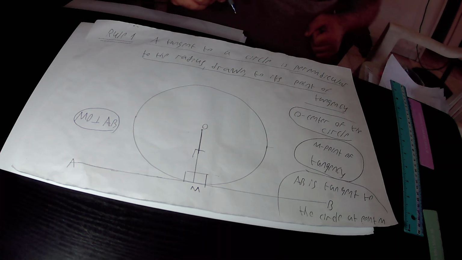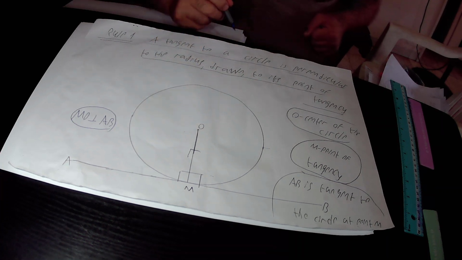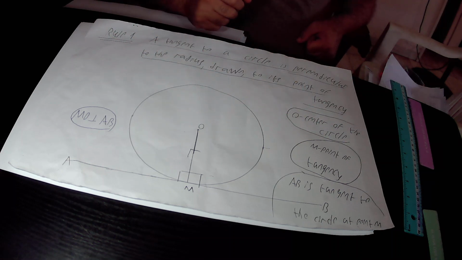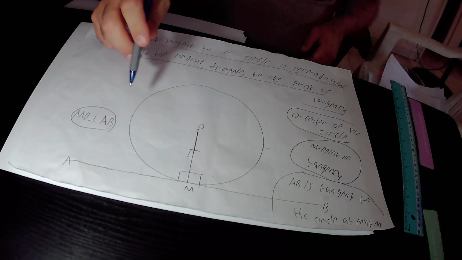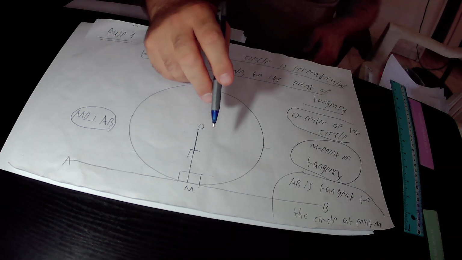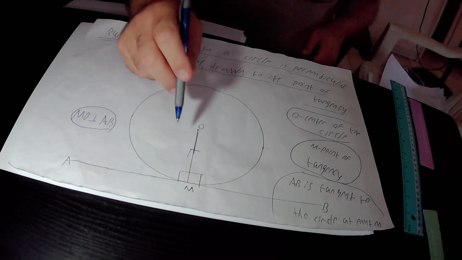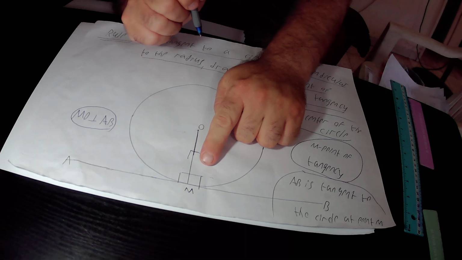In addition, we have the radius OM, which is equal to R. The radius OM is drawn to point M, the point of tangency, and whenever you have a radius drawn to the point of tangency, then tangent AB will be perpendicular to the radius MO. If AB is perpendicular to MO, it means that this angle equals 90 degrees and this angle also equals 90 degrees according to rule 1.